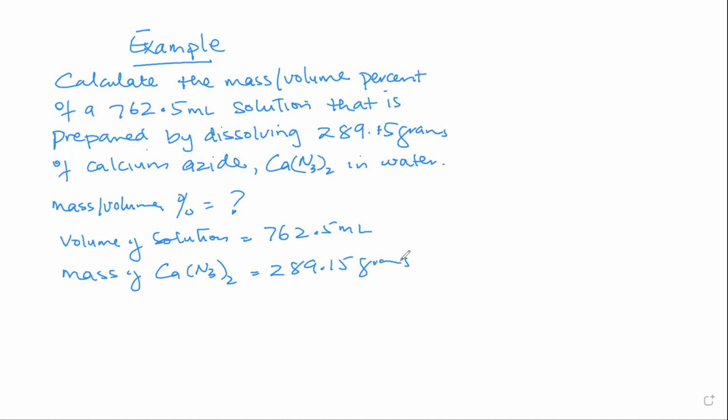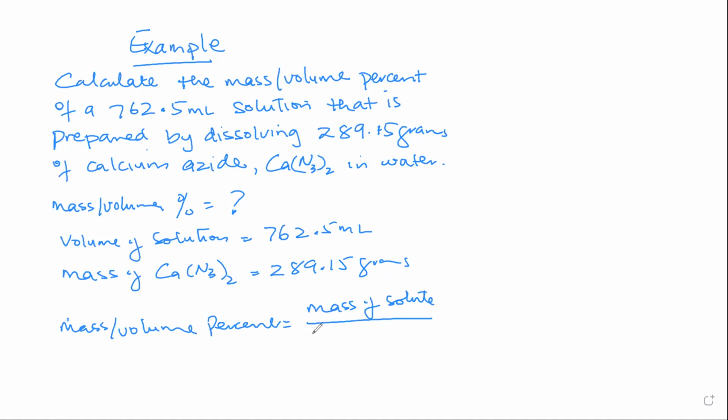So it's very clear the formula to use. Mass volume percent is equal to mass of solute over volume of solution, times 100. Always write the formula.